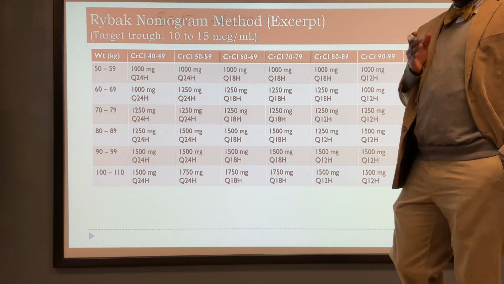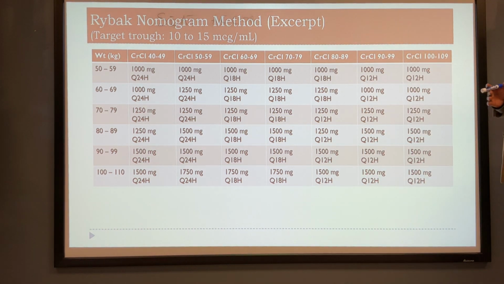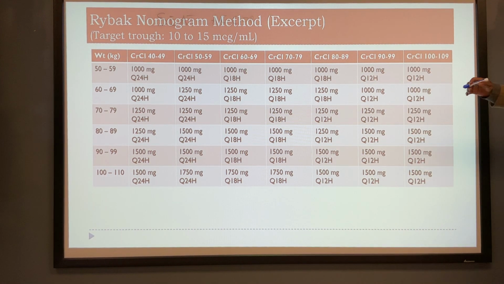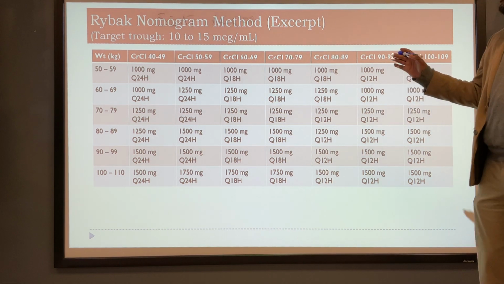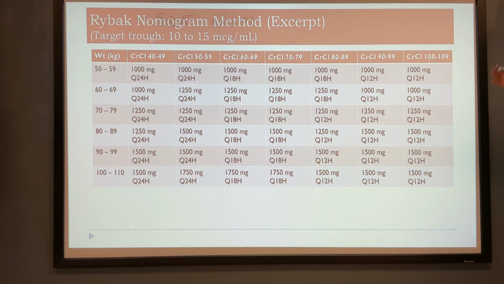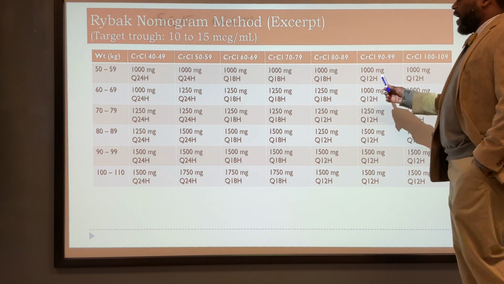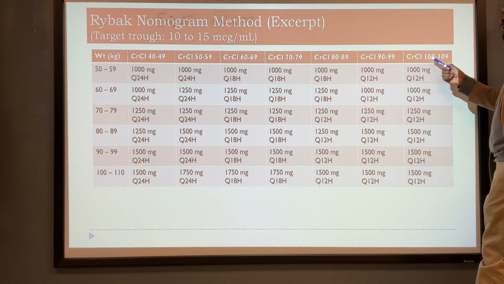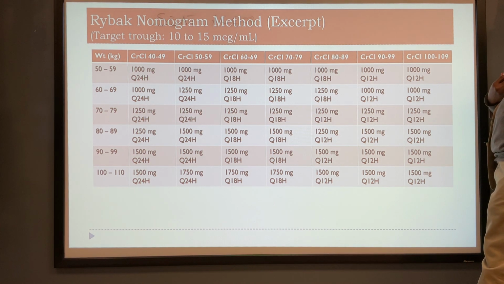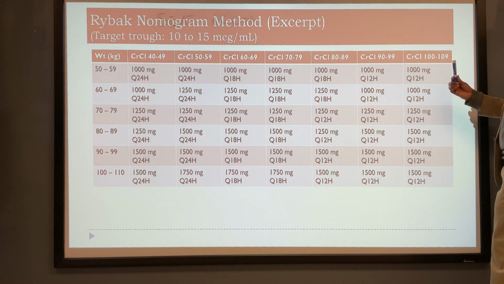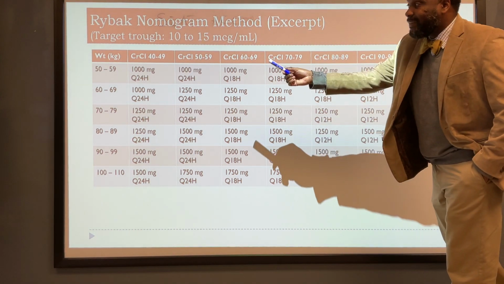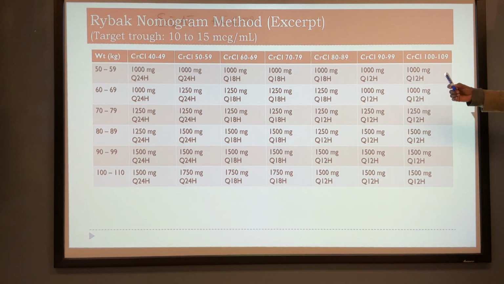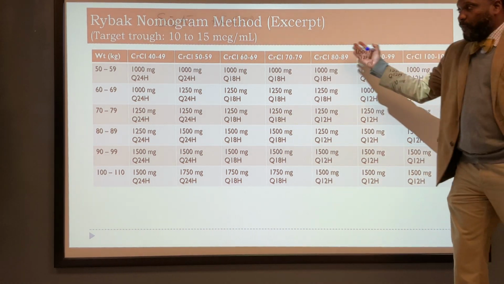A couple of things that I want you to do on your own, at home, is look at the relationships. What happens as your renal function improves, or what I would recommend, as your renal function declines? So you start here and work your way to the left.